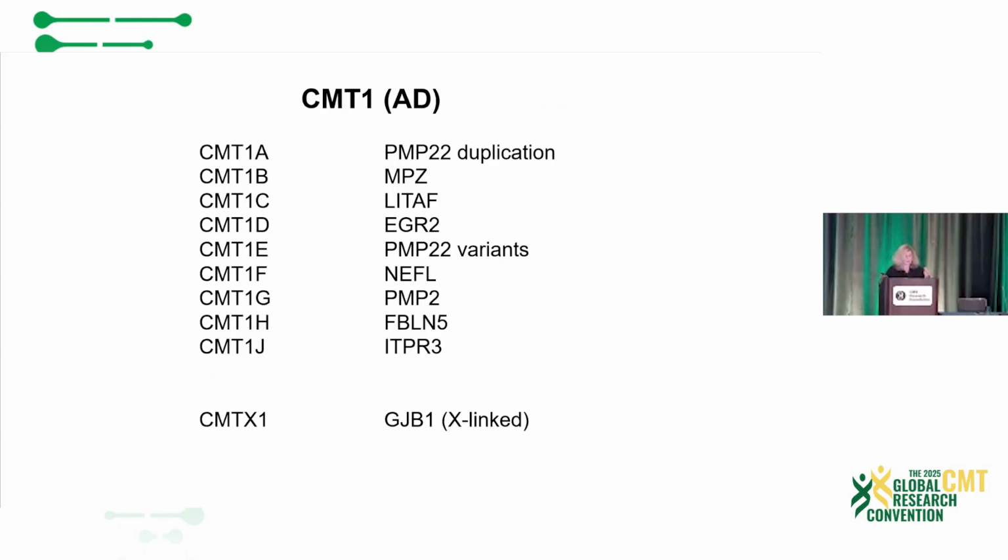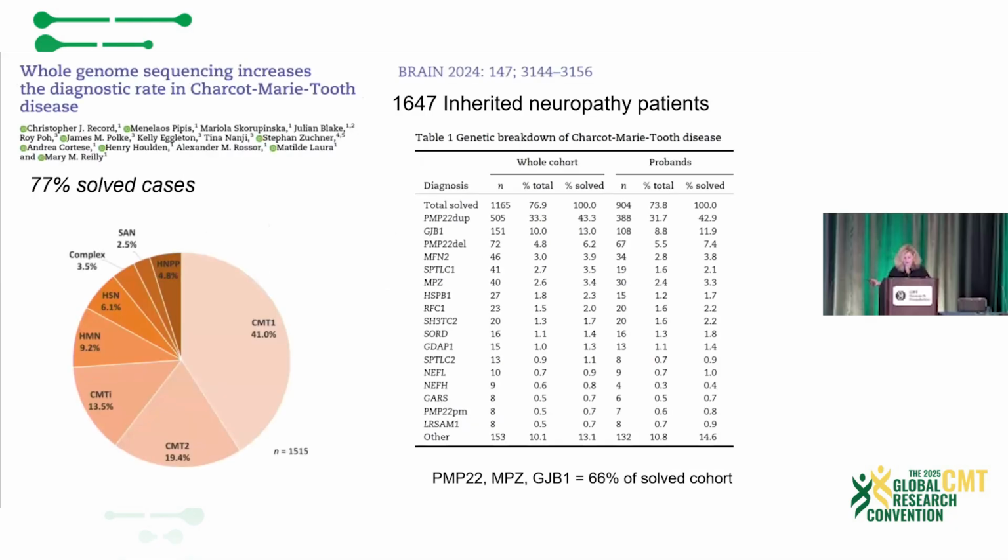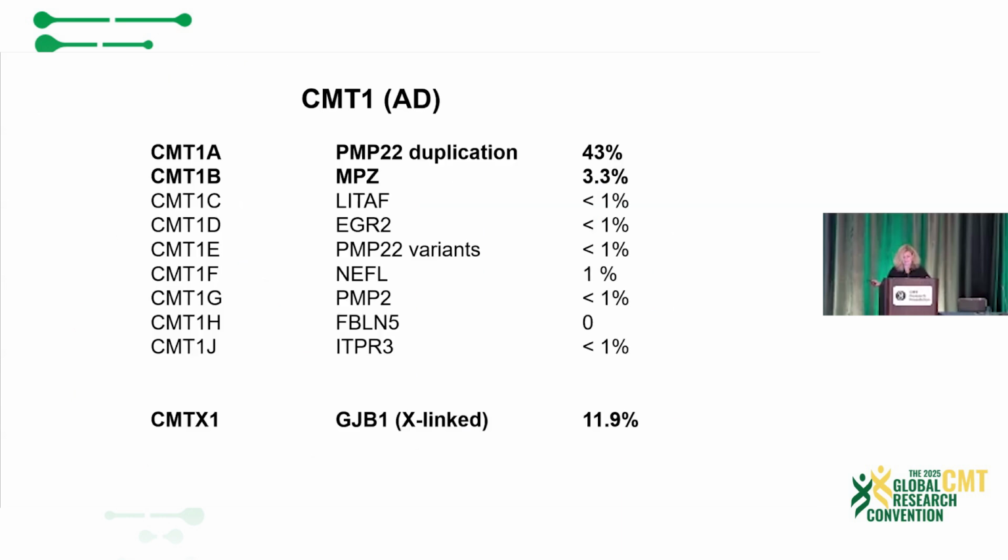So CMT1 is commoner, but there are fewer genes that cause it. In most UK, US, and Northern European populations, about 50% of people have CMT1A, so it is the commonest. The second commonest is GJB1. When we looked at our cases in the UK, if you take the three commonest genes, PMP22, MPZ, and GJB1, they account for about 66% of our cases.